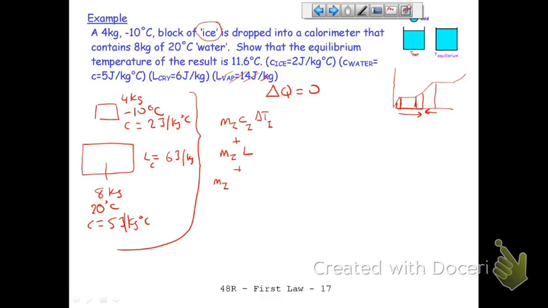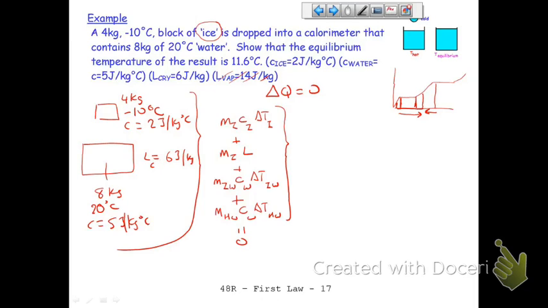So it's still the same mass, so I'll call it mass of the ice. If you like mass of ice water, if it makes you feel better, but it's the same as the mass of the ice. Times specific heat of water. It's no longer ice, it is water. Times the temperature change for the ice water. Plus the mass of the hot water times specific heat of water times the temperature change for the hot water. Is that conceptually what I'm doing? And all of that equals 0. Does that make sense?